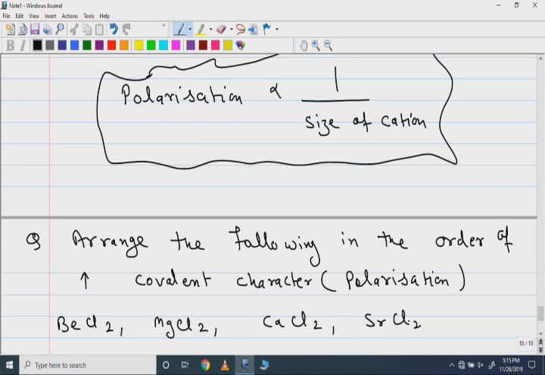Do this question. See, the anions are exactly the same, Cl negative, but the cations are different. Now you need to identify from which group they all belong. That's why I have told you the learning of the periodic table is very, very important. That's why I have given you some tricks as well, some mnemonics as well.